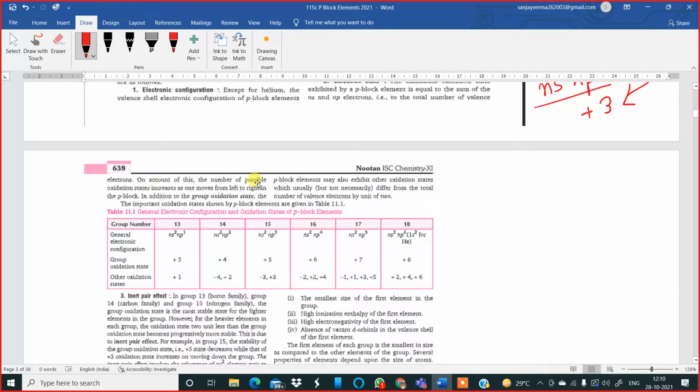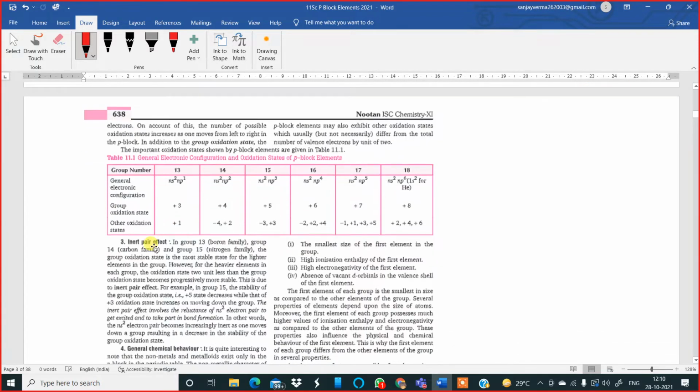On account of this, the number of possible oxidation states increases as one moves from left to right in the p block. In addition to the group oxidation state, the P block elements may also exhibit other oxidation states. They can show more than one oxidation state, which is visible in table 11.1 in your textbooks on page number 638.